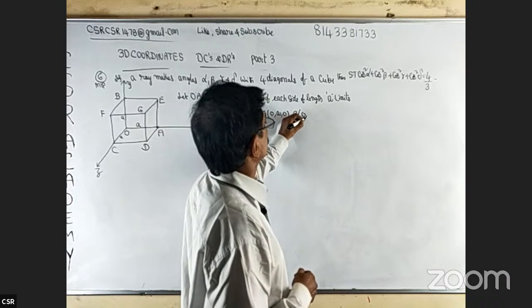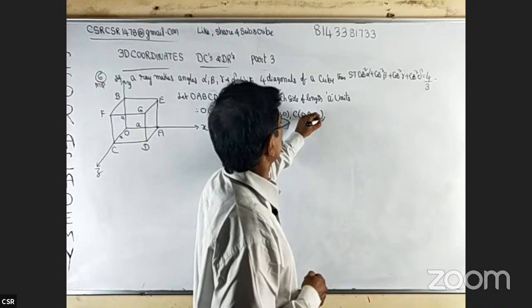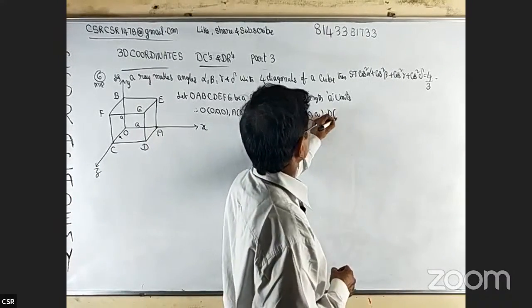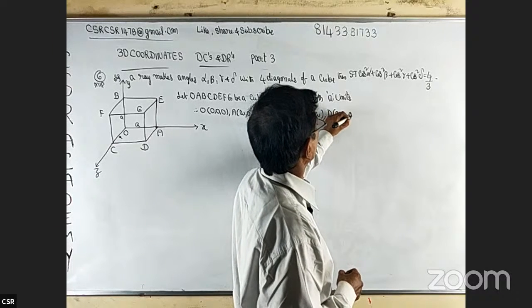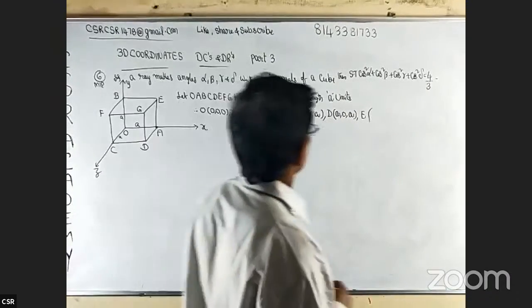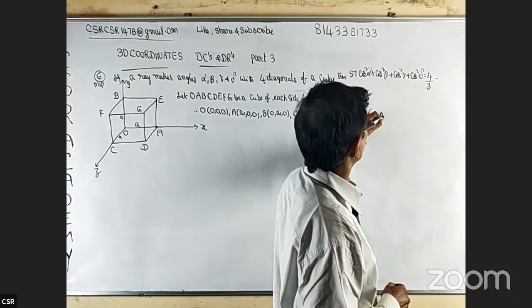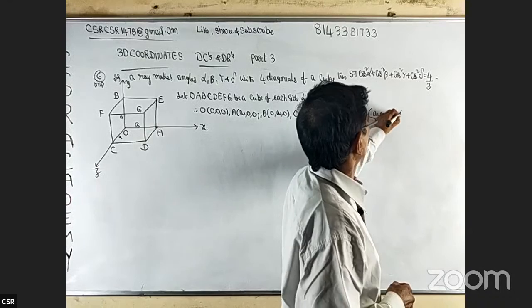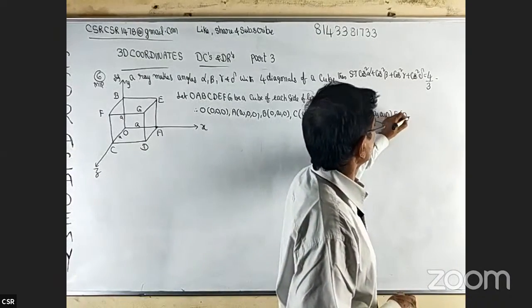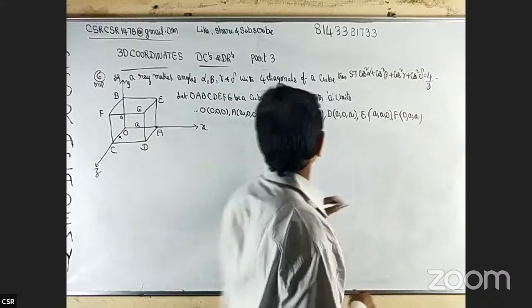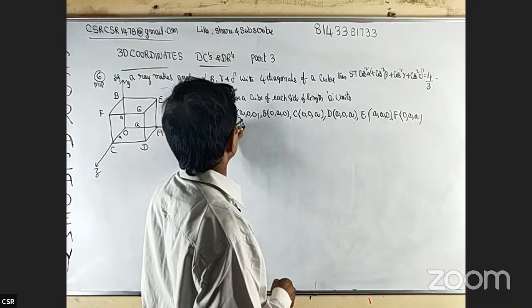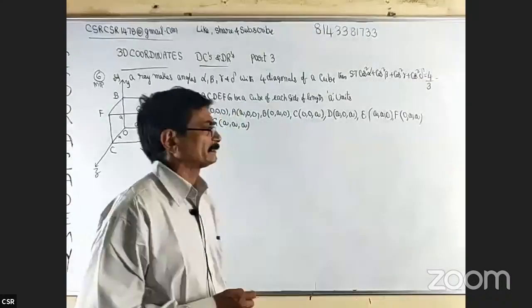C is on the z-axis, 0, 0, A. Next, D is in the XZ plane, A, 0, A. E is in the XY plane, A, A, 0. F is in the YZ plane, 0, A, A. Then where is G? G is in space, with all three coordinates A.